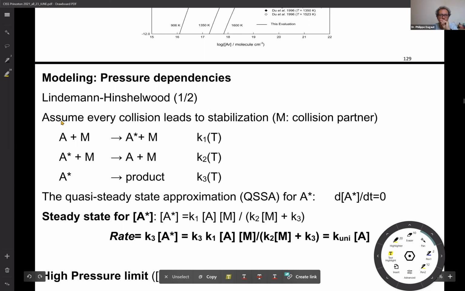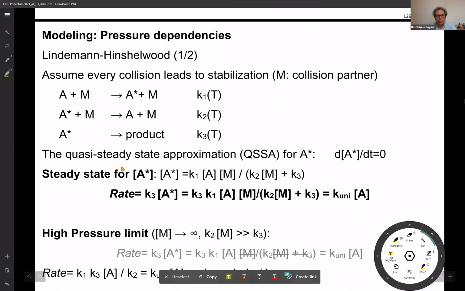And A star plus M can give back A plus M, or it can decompose and produce products. The quasi-steady state approximation for A star is then the derivative of the concentration of A star over time, and it is 0 when we consider we are at steady state.